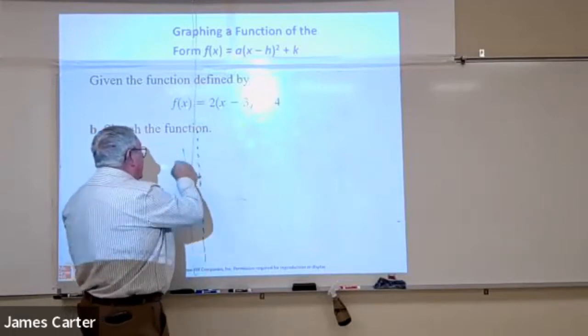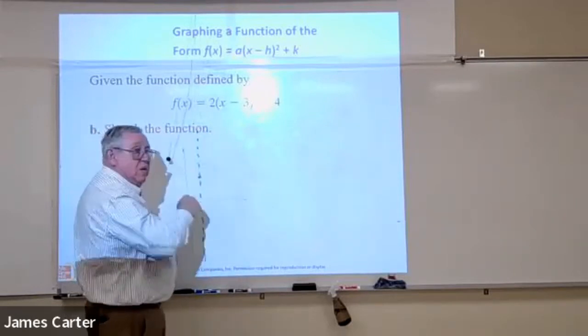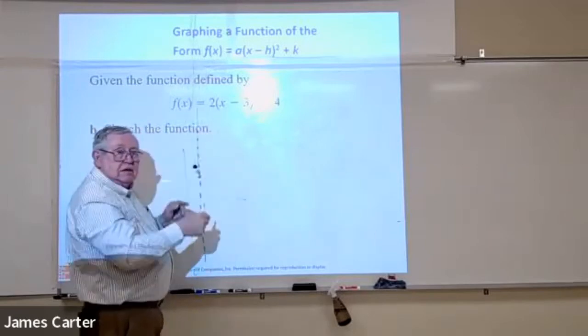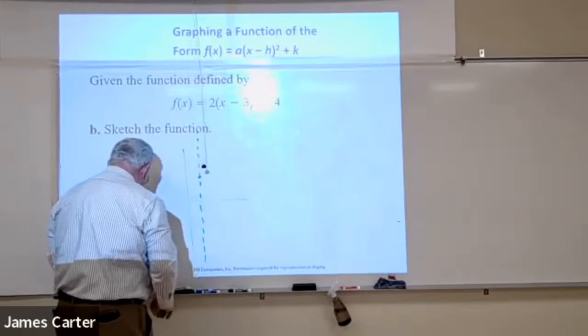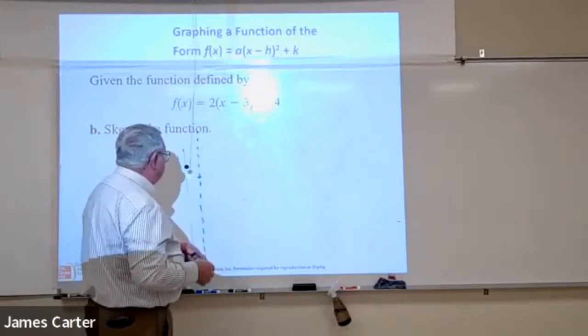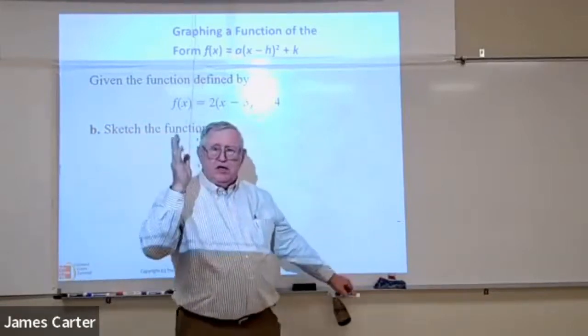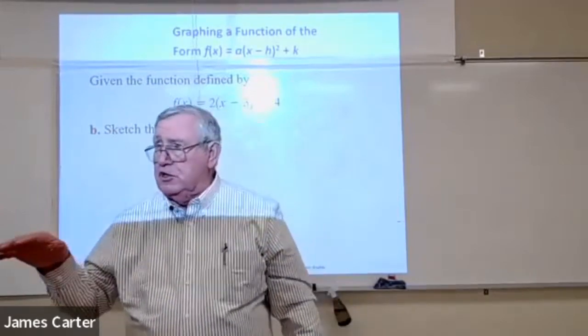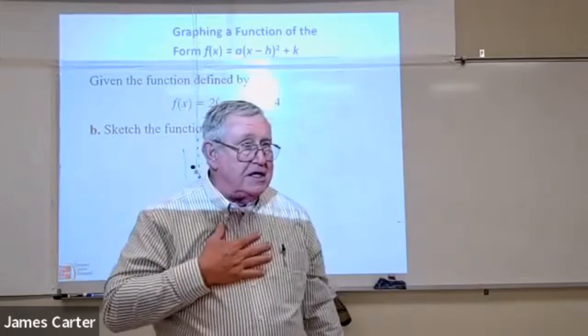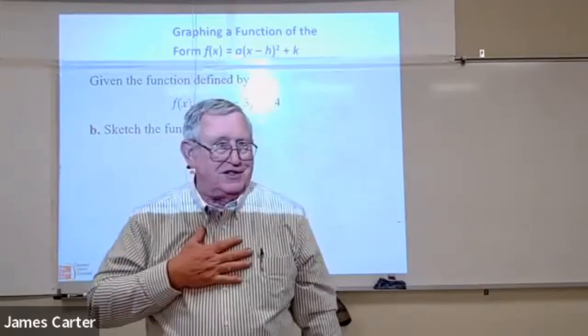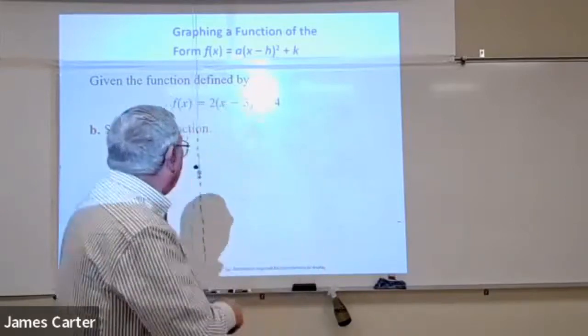That means this thing's got to open equally this way and that way, spacing. Okay? Now, I need another point to graph this. And I'm not wanting to do an XY table. I can always do an XY table. But I don't want to do that. I'm lazy. I'm efficient.